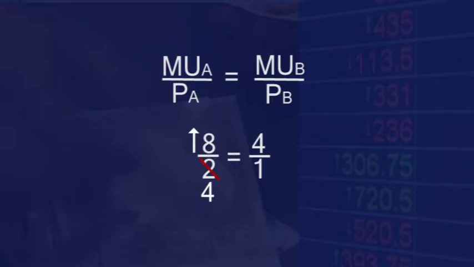How does marginal utility rise? It rises if you consume less of it. Total utility will fall, but marginal utility will rise. So the consumer reallocates expenditure so that as the price rises, marginal utility rises, and you raise marginal utility by reducing the amount consumed.